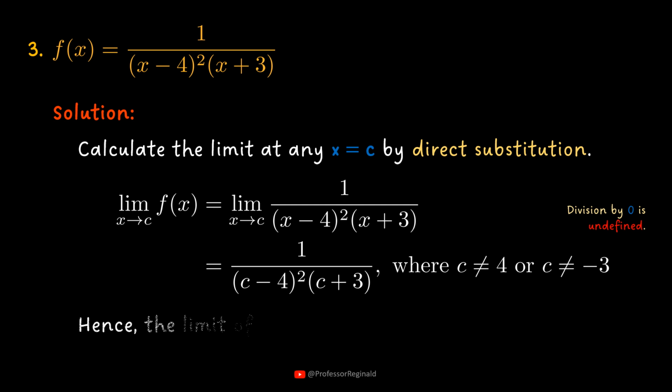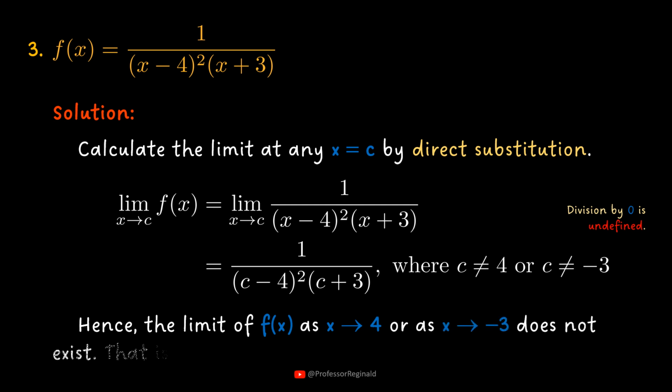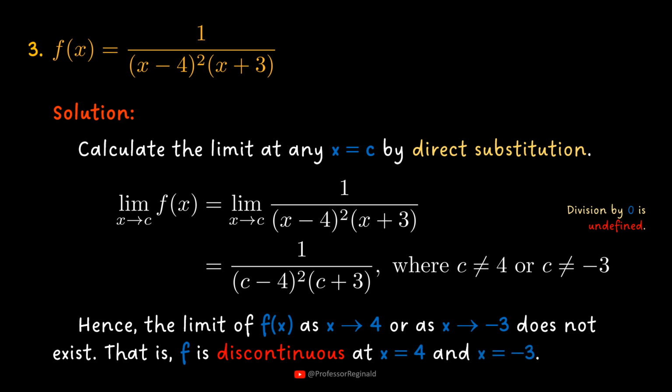Hence, the limit of f of x, as x approaches 4, or as x approaches -3, does not exist. That is, f is discontinuous at x equals 4 and x equals -3.